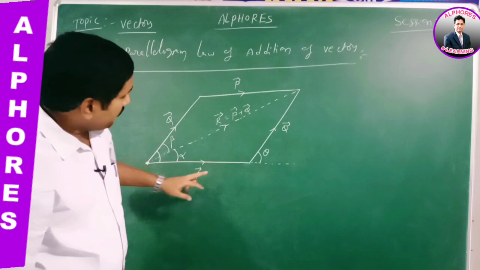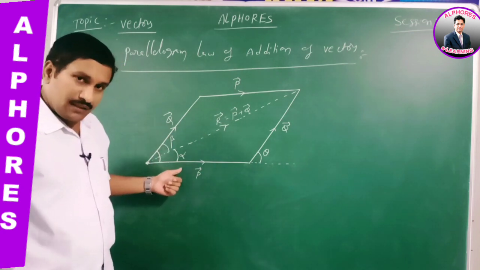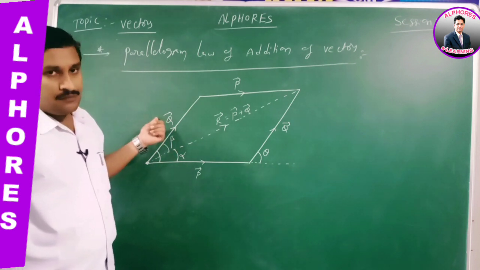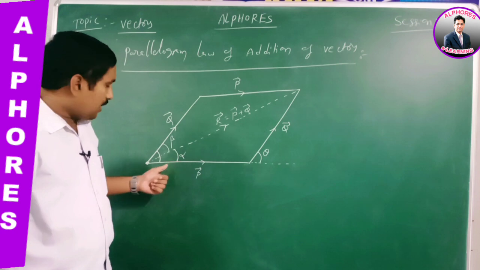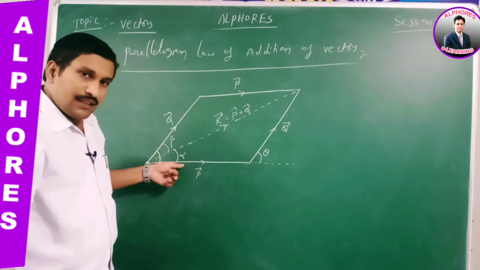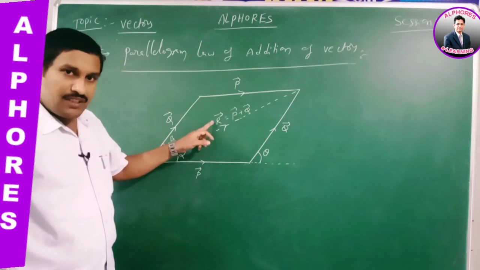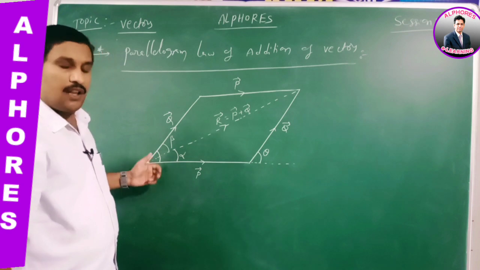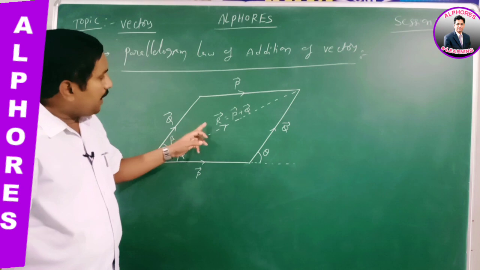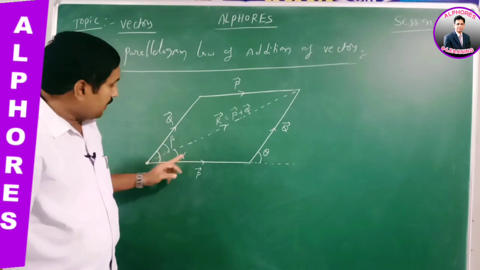If P bar and Q bar are two vectors which represent the adjacent sides of a parallelogram, having both magnitude and direction, drawn from the same point, then the resultant of these two vectors is also drawn from the same point. Now in this parallelogram law of addition of vectors, I have to prove the magnitude of resultant of these two vectors as well as direction alpha.